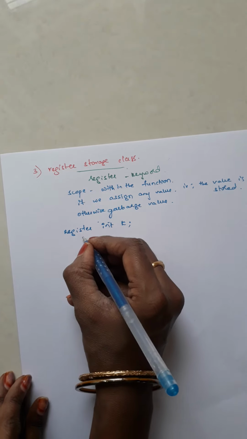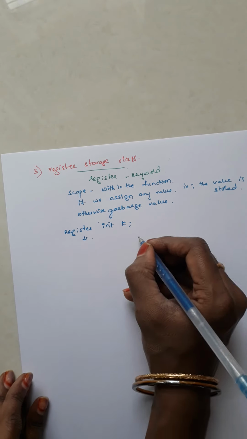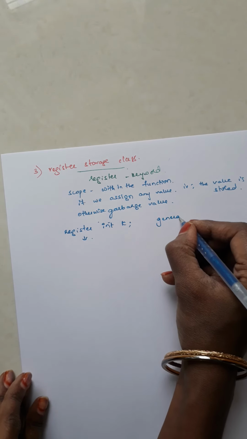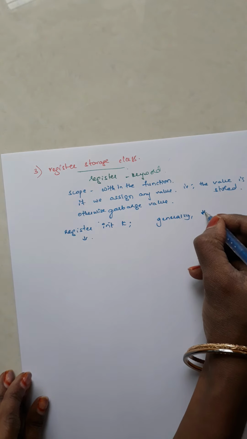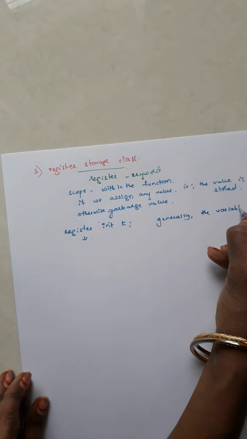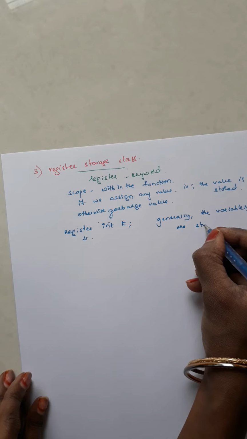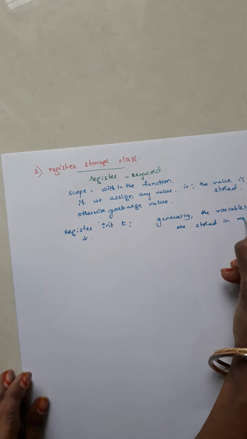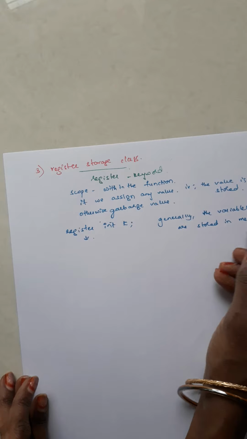So what is the use of this register keyword? Generally, variables are stored in memory; the space is allocated in memory.